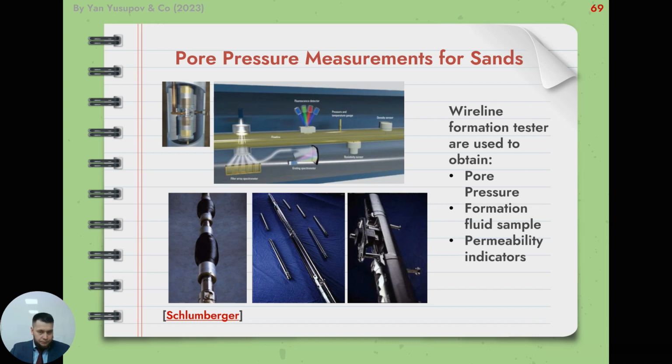Among the most well-known wireline formation testers are MDT, modular dynamic test, Schlumberger, RFT, repeat formation tests, XPT, and other pore pressure measurement tools.